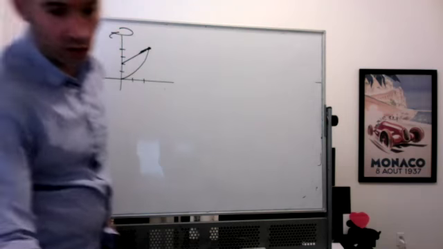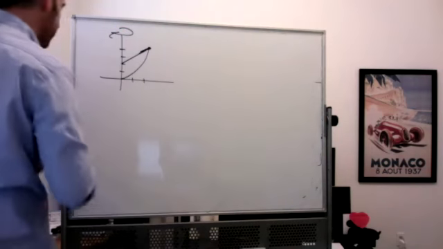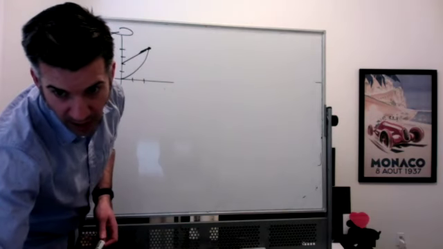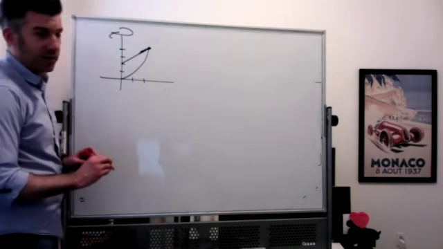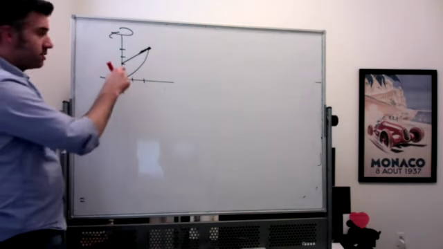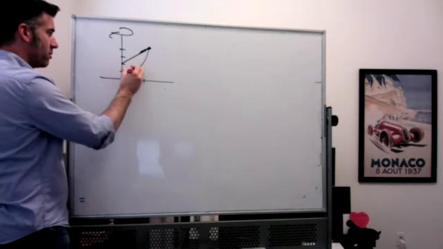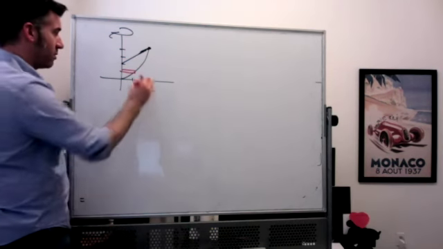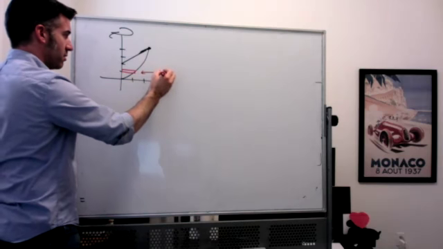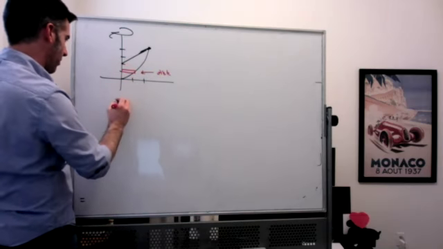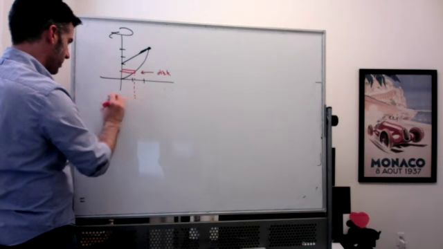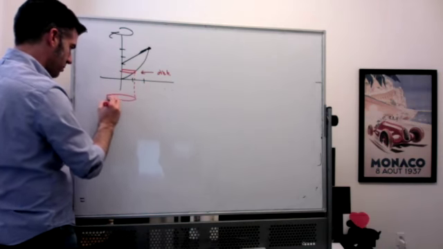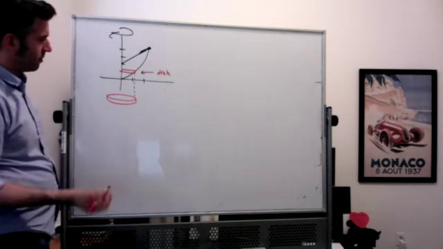So we need to use horizontal strips or horizontal rectangles. And there's an issue here: we have different boundaries depending on how high up we are. So down here, if this is our rectangle, then we're going to be using the disk method, because when we rotate that around, it's just going to look like a disk.